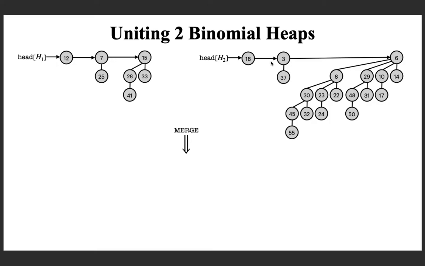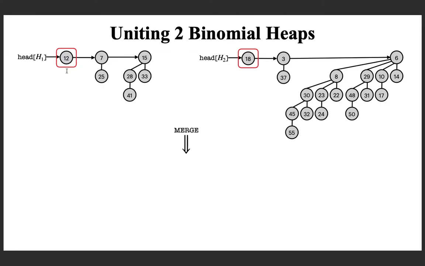If you recall the standard procedure for merging, it keeps two pointers, one to the first list and one to the second list. Initially the pointers are pointing to the first element in each list, in this case the first tree here and there, and you can see that both have the same degree, 0 and 0.